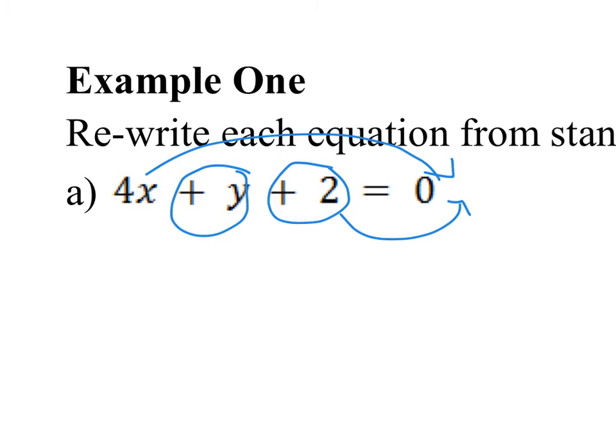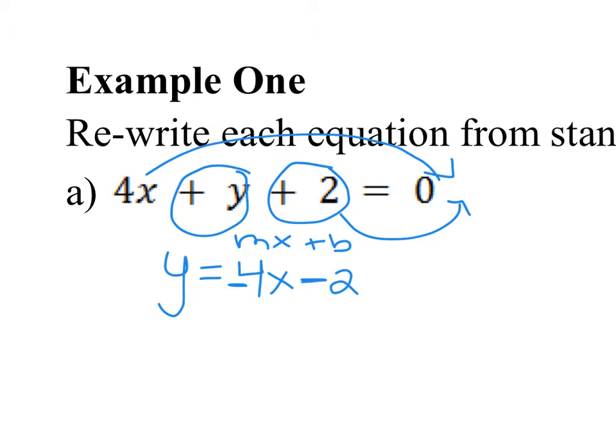When we do this, we'll have y by itself on the left side, and we always have to remember the format that we write it in, mx plus b. So my mx, which is my 4x, because I moved it to the other side of the equation, is now a negative. Same with my positive 2, that's my b value, which is the y-intercept. It goes at the end, but now it's a negative. And we're done.